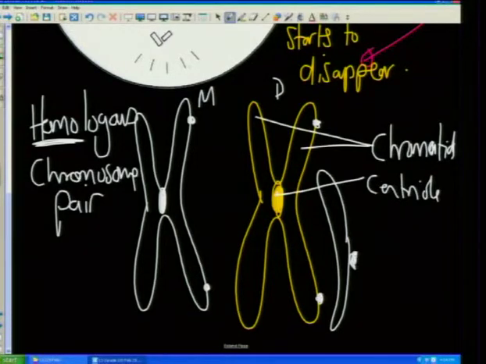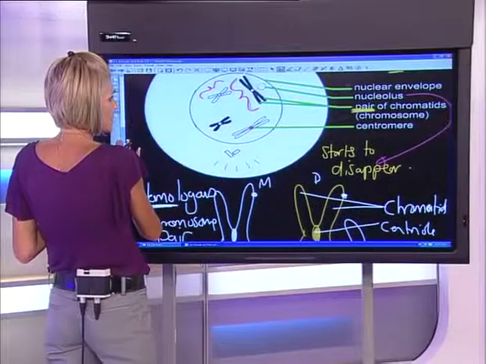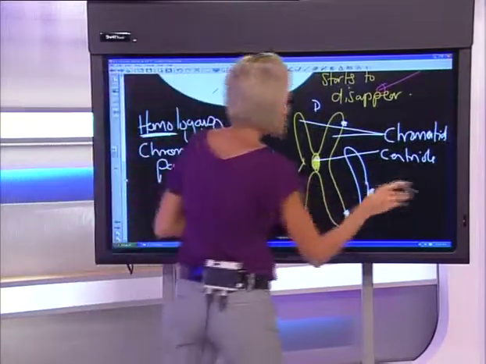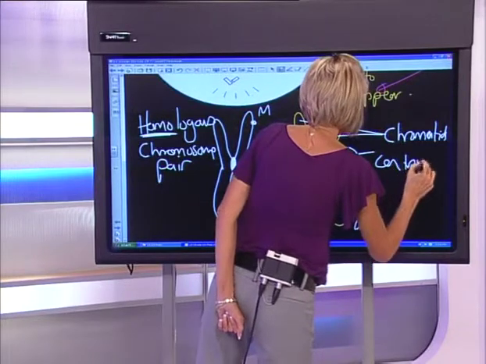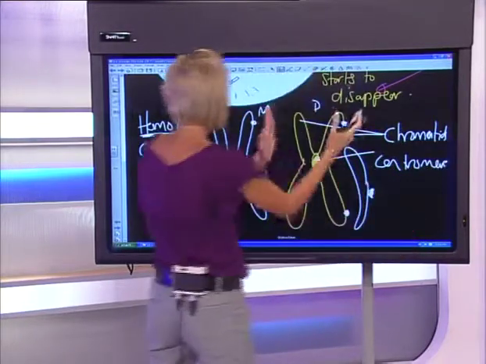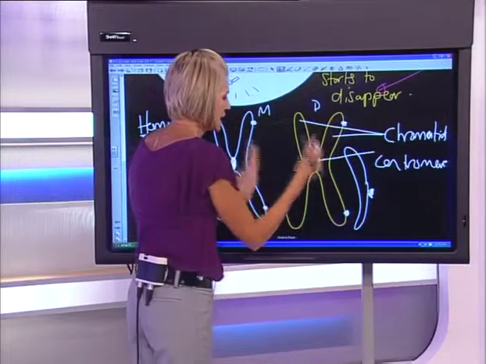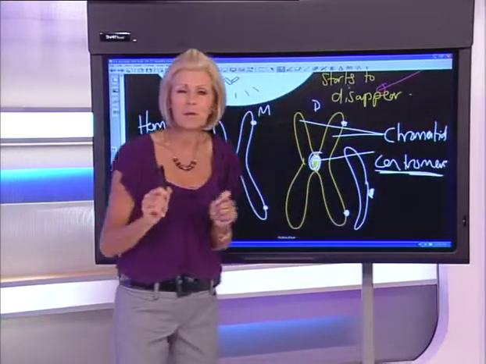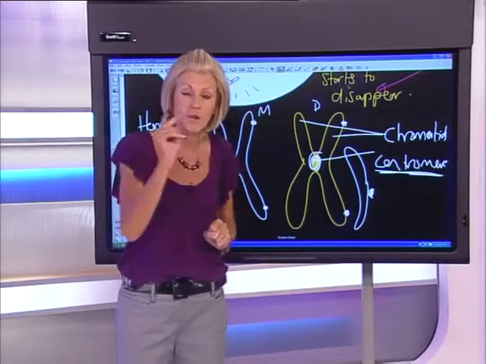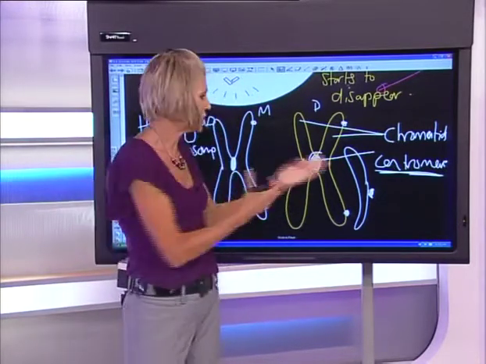Right, that's your centromere. So the two chromatids are held together in the middle by a centromere. And that, people, is incredibly important because when you get to meiosis, you need to know the difference.